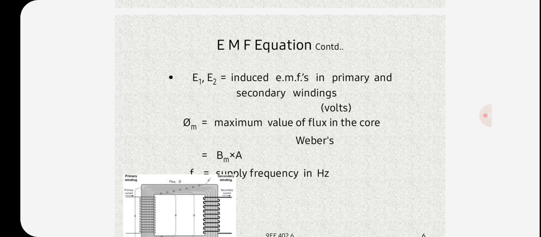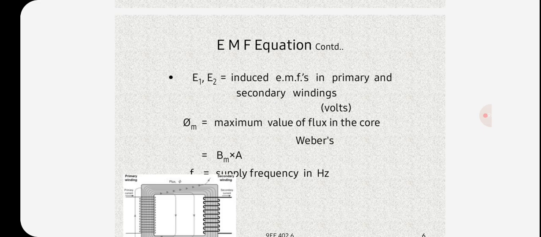Now the rate of change of flux is equal to the average EMF induced per turn in volts. So the average EMF per turn is equal to 4fΦm.